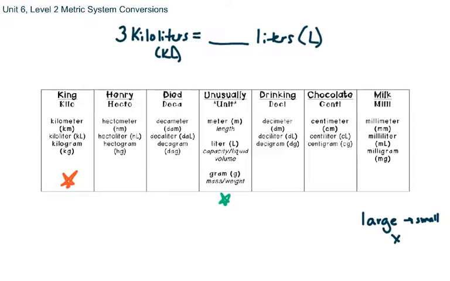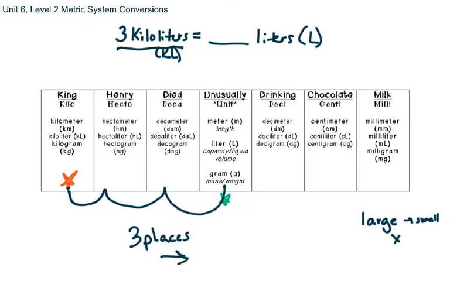Let's go ahead and figure out how many places I am multiplying. So let's figure out, again, how many places we're moving in what direction. I'm going to start at where we began with kiloliters, and I'm going to move to the right 1, 2, 3 places. So 3 places to the right. Now, if you remember back to powers of 10, of course when we multiplied, we moved to the right, which is exactly what we're doing here.